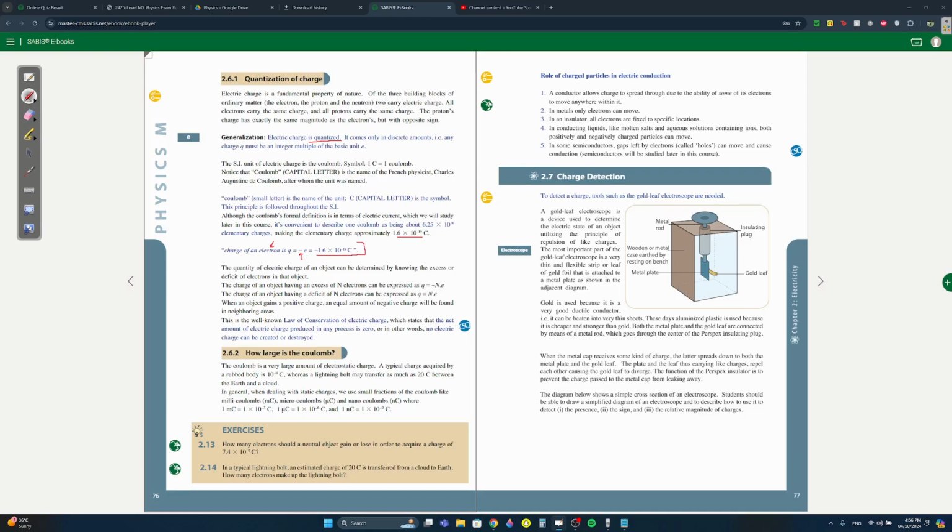If an option says the charge of an electron is this without the negative, you will immediately know it's wrong. Please do not pick it. But if it says the magnitude of the charge of an electron, without the negative, then it would be correct, because magnitude means you can make it positive. Please don't make these silly mistakes.